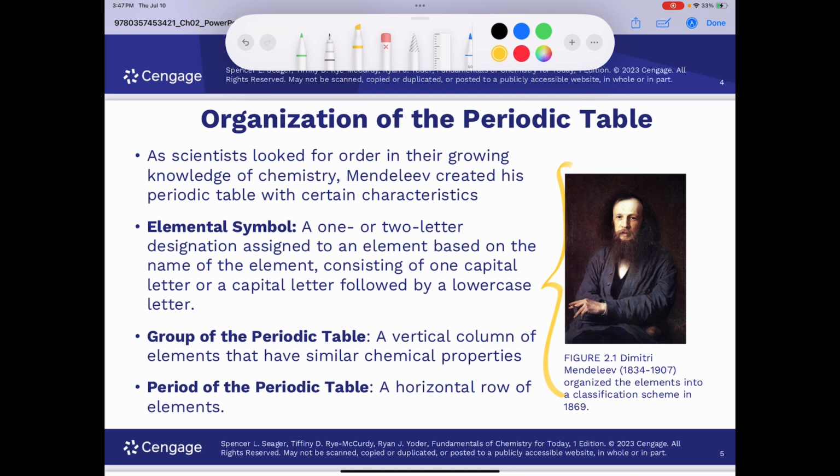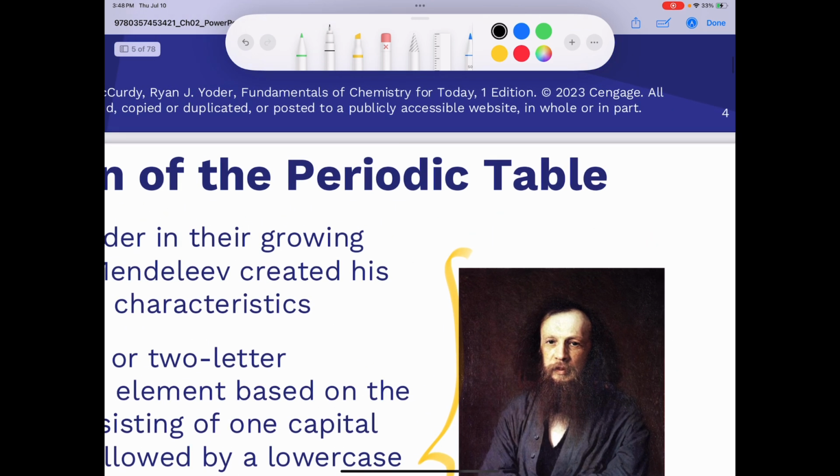He would have known things like oxygen, gold, silver, copper, right? He knew all those elements that people knew for a long time. And what he would do is he would make kind of like a card about each one, and he would write down gold, and then he would write down the symbol Au, and he would write down the properties of that element, and then he'd make another one for another element.